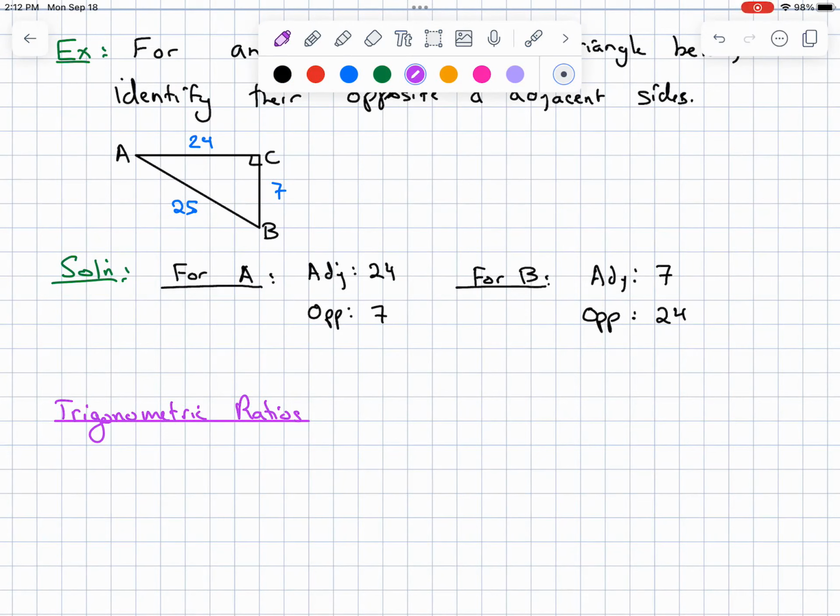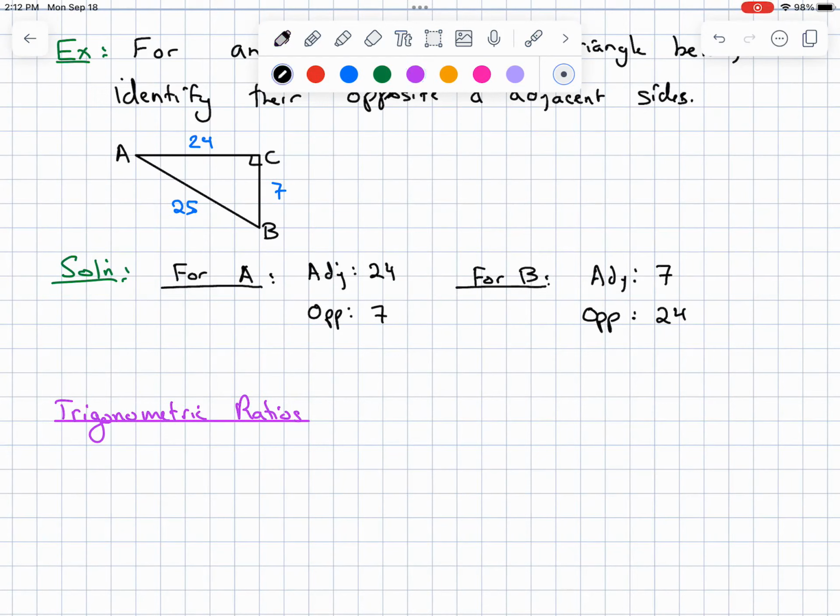A long time ago, mathematicians realized that there was a very useful significance to the ratios between right triangles. They noticed that there were certain connections between all of these things, and so they decided to call these ratios something.